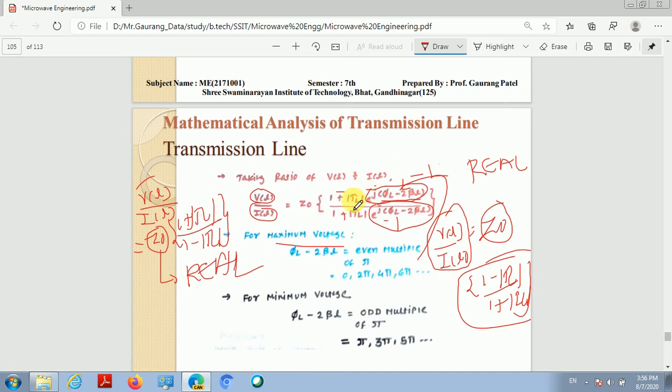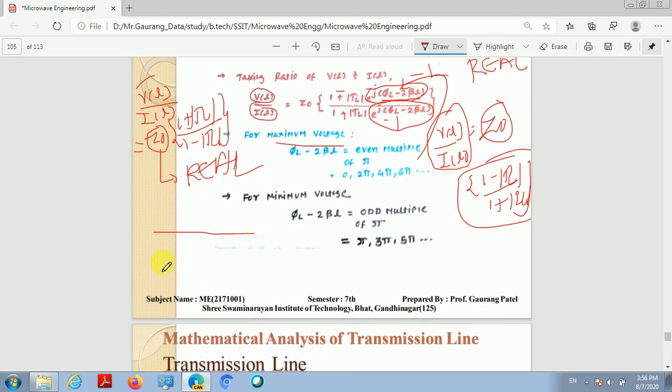Suppose this is the transmission line, this is the load impedance ZL with which it is terminated, and this is the generator end.